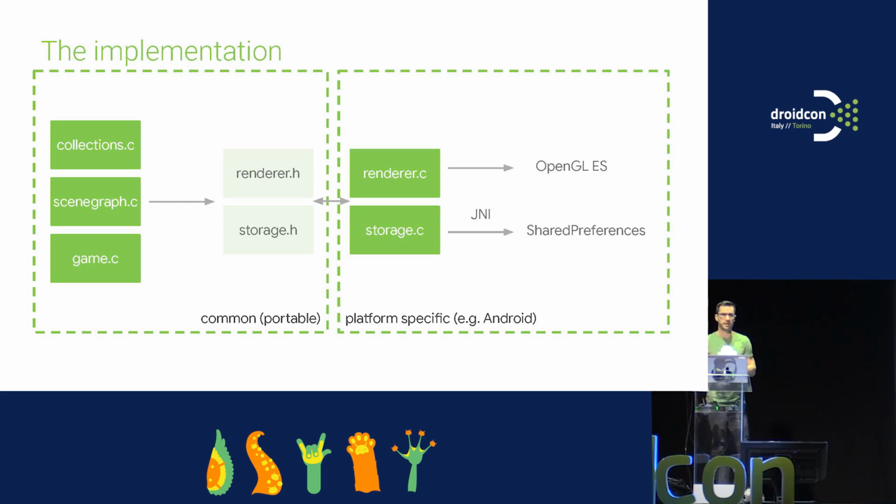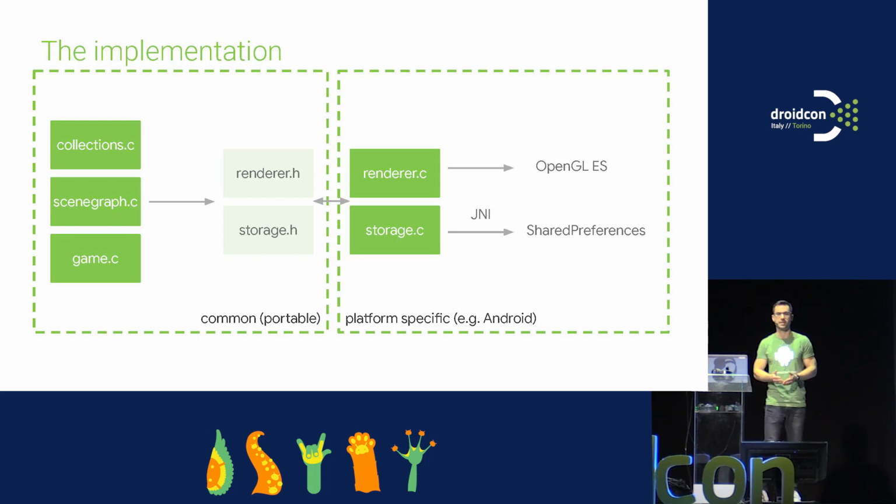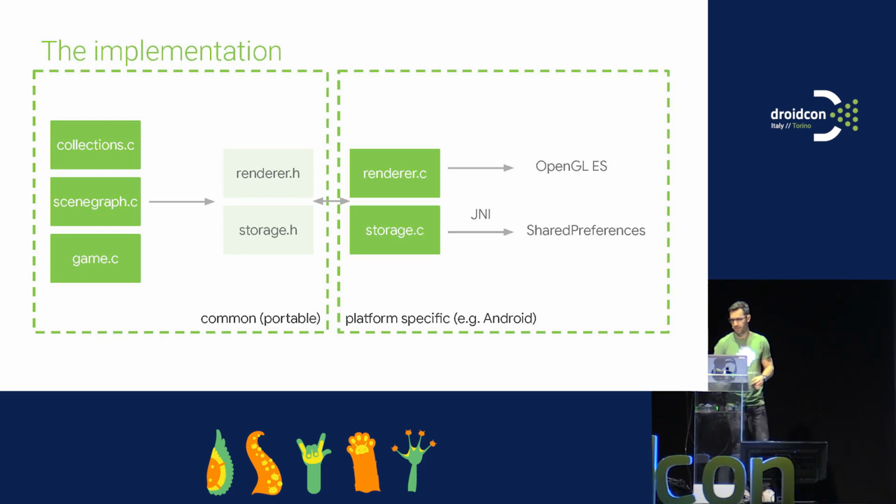Then, on the other side, I would need matching C files for these header files that actually implement the code for, let's say, saving something to disk. And on Android, we could probably use something like OpenGL to draw, or, like I said, go through JNI and use shared preferences to store simple key values.